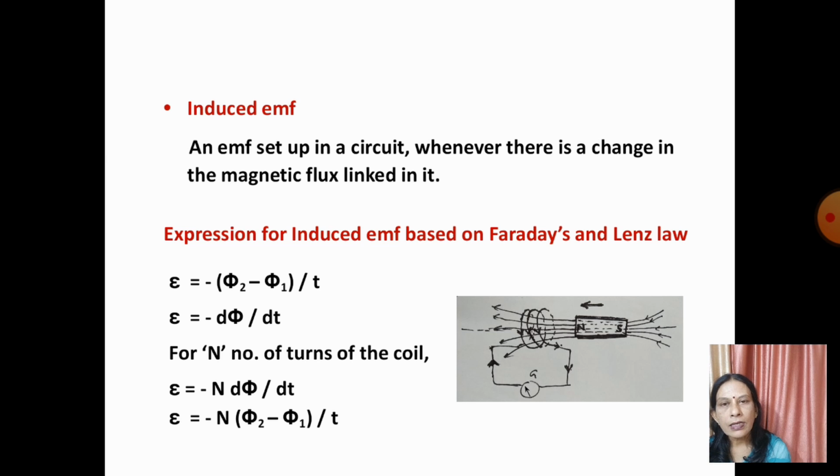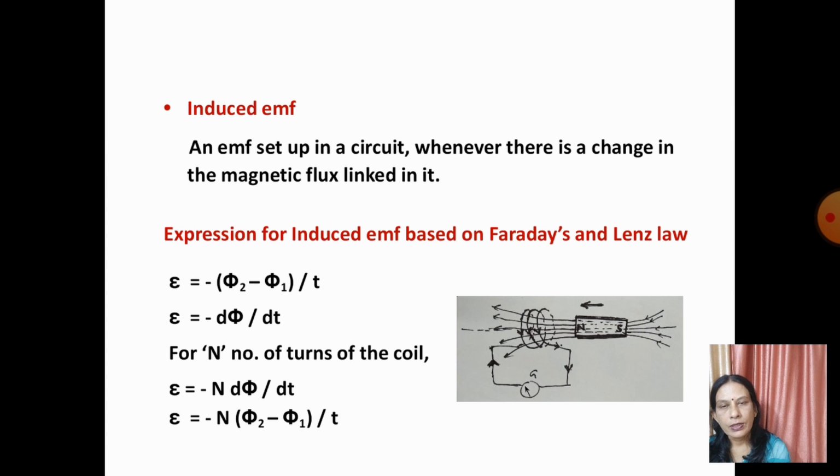And the minus sign preceding it indicates that it will oppose its cause. If the flux is changing by a small amount in a small interval of time, then EMF is given by minus d phi by dt.